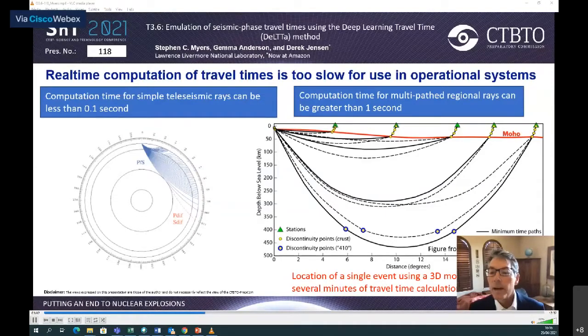Because many ray paths have to be tested, computation time for these rays can take over a second. Locating a typical seismic event using IMS data can involve tens of phases and several iterations, and the computational time for computing travel times can be tens of seconds, which is too slow for operations and iterative analysis.